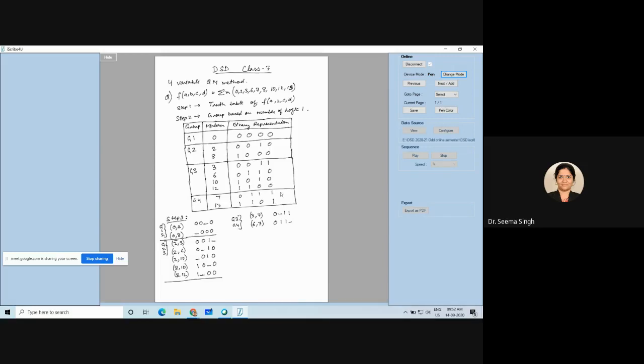So 10 to 13 and 10 to 7 both are not possible. Coming to 12. 12 to 7 is possible? No, ma'am. 12 to 7 is not possible because 2 bits here and 1 bit here is changing. 3 bits are changing. 12 to 13 is possible, yes. And that is 1 1 0 dash.